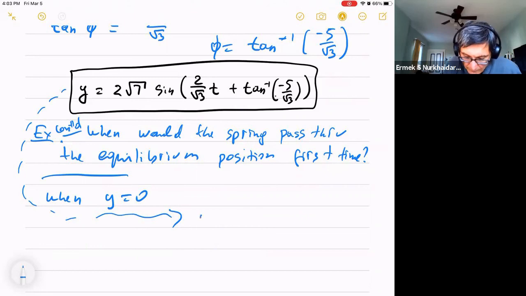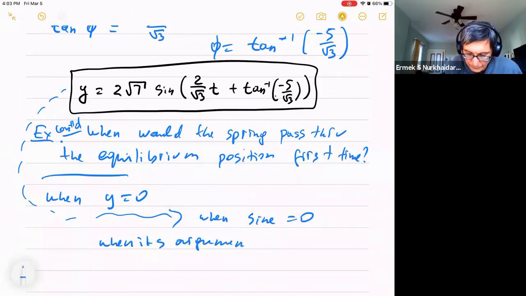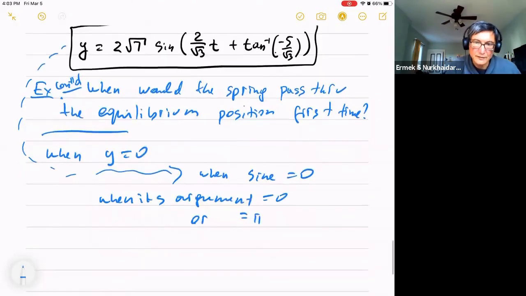So that is when sine equals 0. Sine equals 0 when its argument equals 0, or if we're not going to be happy with that, it equals pi. Depends on which way we're going to go. For this one, I guess we'll need to approximate what tangent inverse of negative 5 over square root of 3 is.